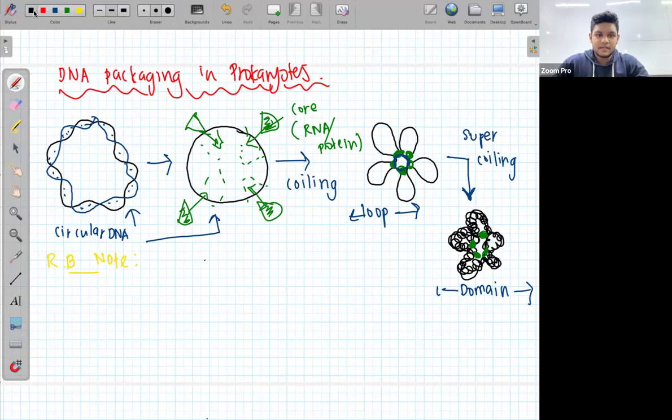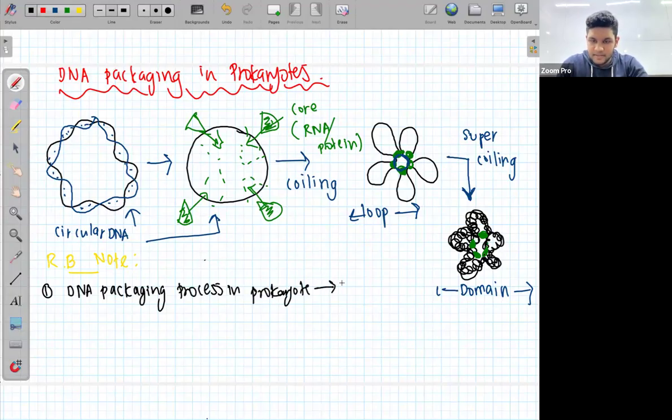The first thing your resource book says is the DNA packaging process in prokaryote is done with the help of certain proteins, right?